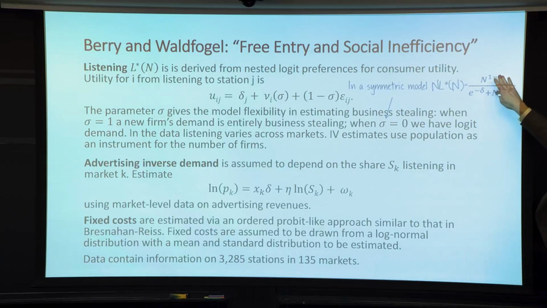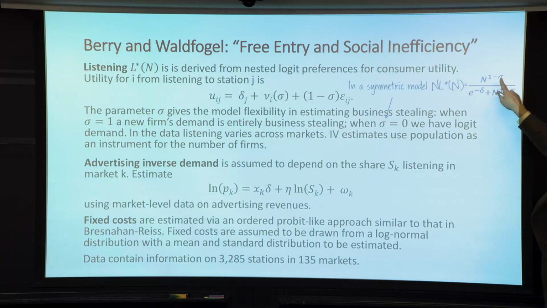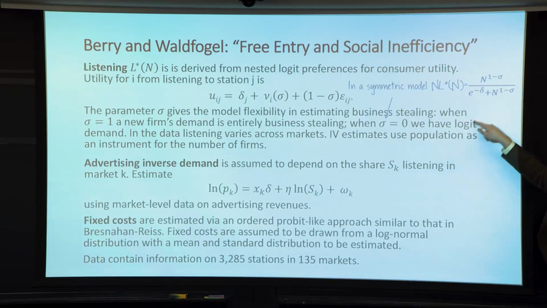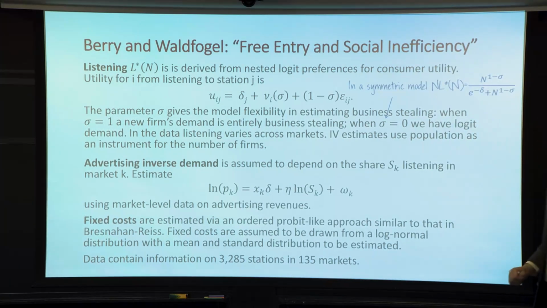For sigma equals 1, total listenership is completely fixed at 1 over 1 plus e to the minus delta, regardless of the number of stations. But when sigma goes to 0, this is asymptoting towards 1, but initially going up linearly in n, because it's n to the first over this plus something small.